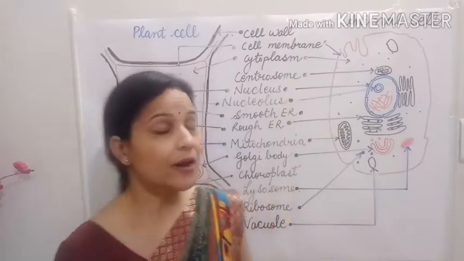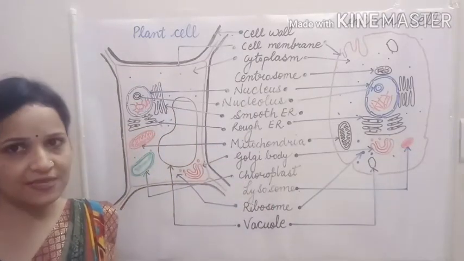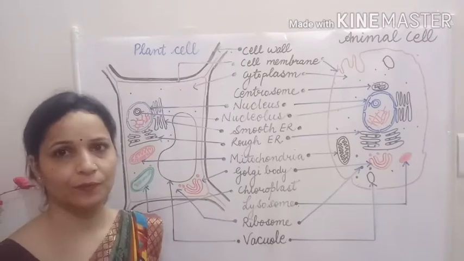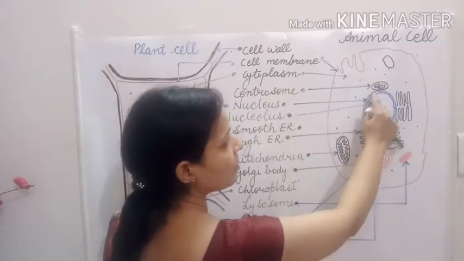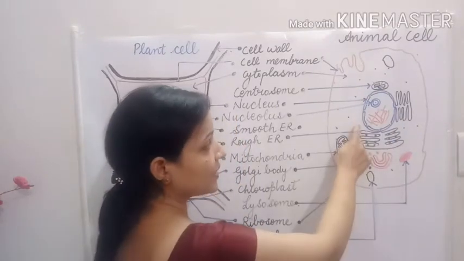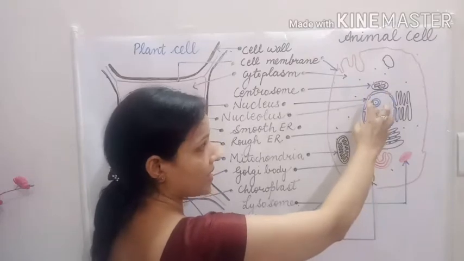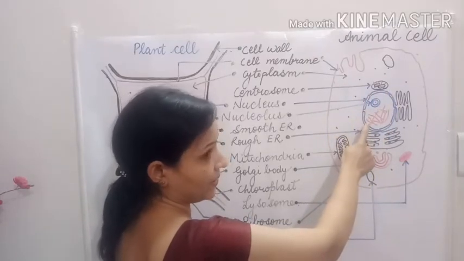Nucleus is made up of the following parts. We will discuss them one by one. As you can see, nucleus is a double membrane organelle, meaning nucleus has two membranes, outer membrane and inner membrane.